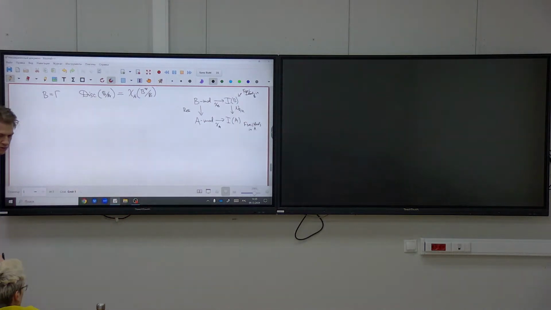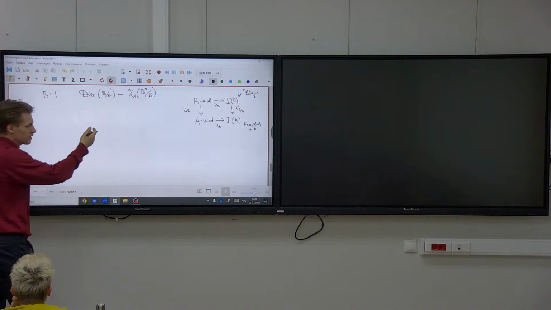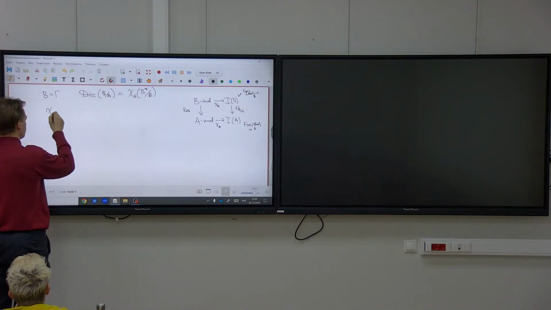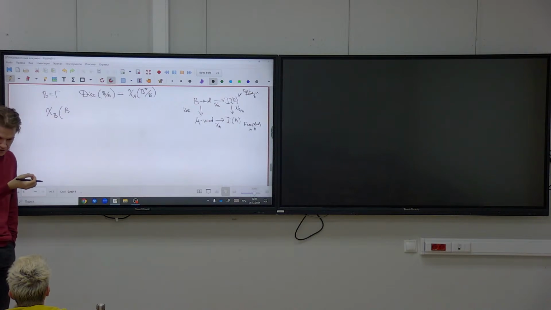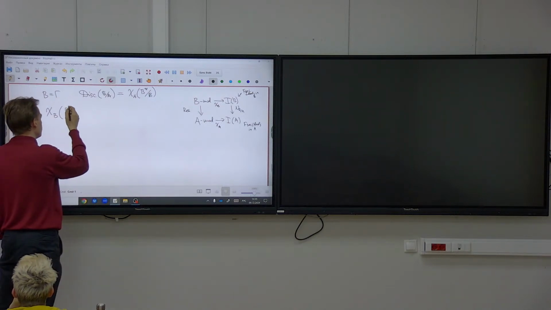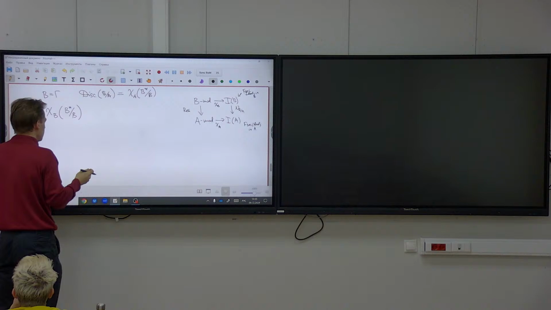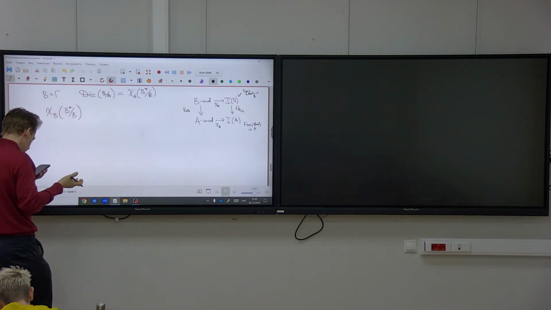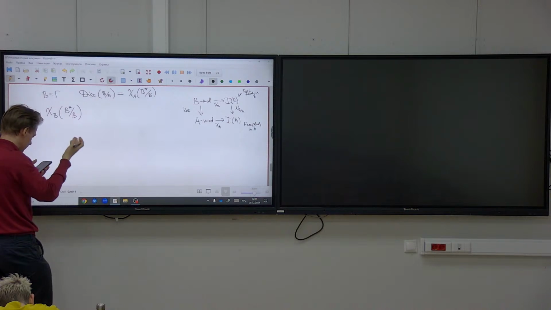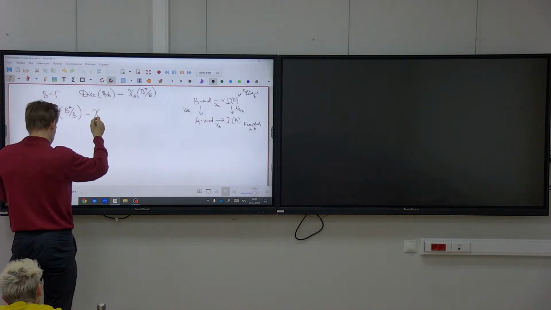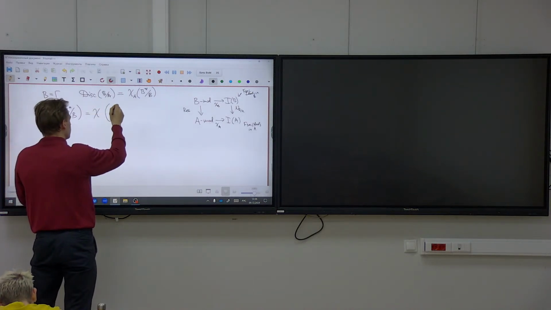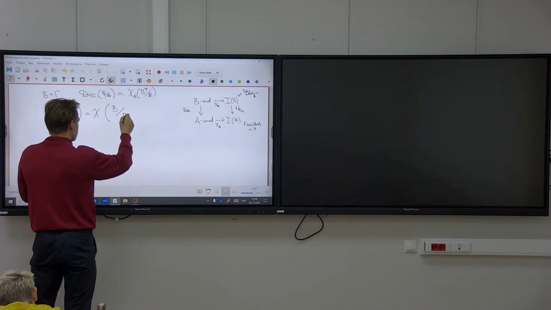And now it will be clear. Notice that chi B is taken to be relative. If you are thinking about chi B over B star, it is up to the sign equal to the inverse of the corresponding ideal.